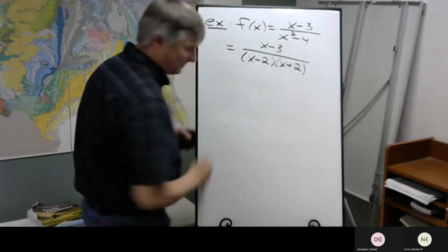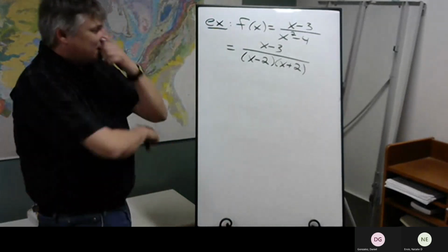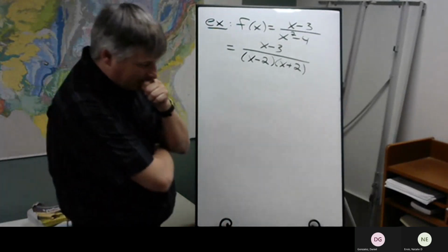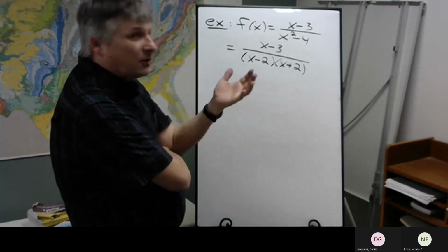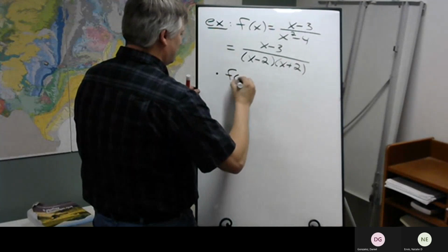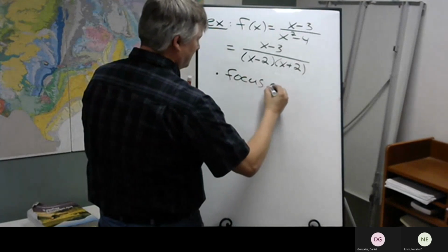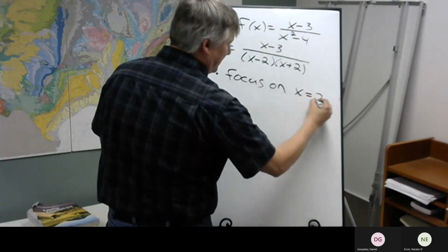So we can see some problems here. If we take a look, and we're going to focus on one limit, because we have two to choose from, let's say we're going to look at x equals 2.